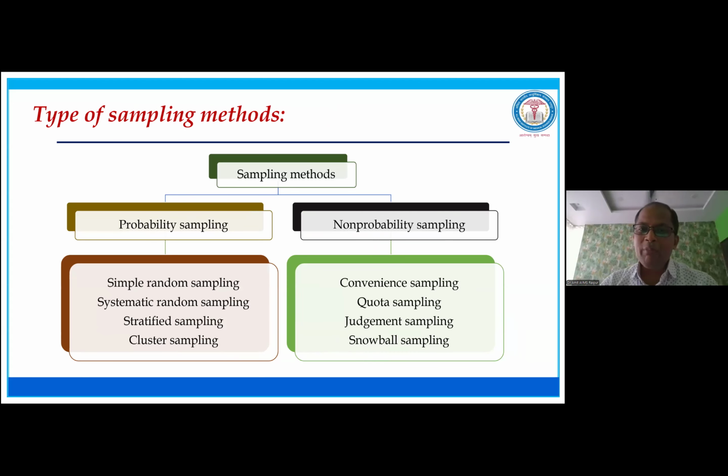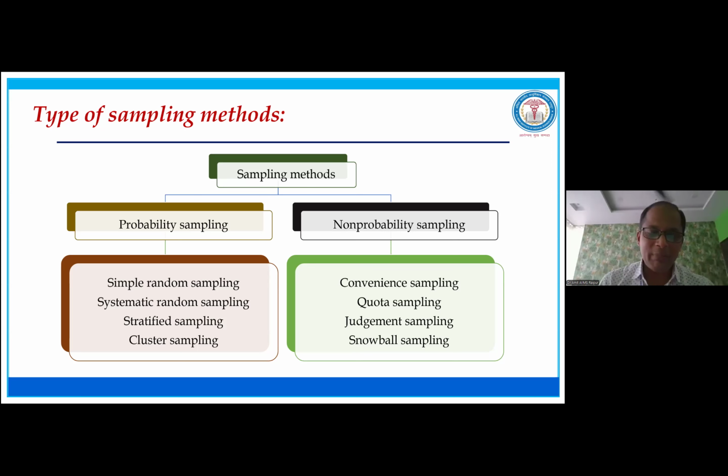So the sampling methods are broadly divided into two categories based on probability. Probability means that when we have the study population and we have developed the sampling frame, and from the sampling frame we are selecting the study participants for our sample, then based on the probability of individual units getting selected in the sample, the sampling methods are categorized into two categories: probability sampling and non-probability sampling.